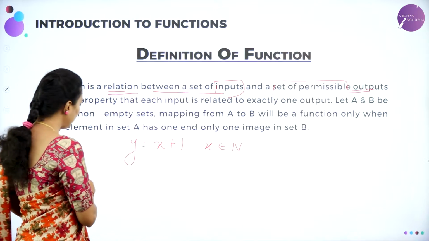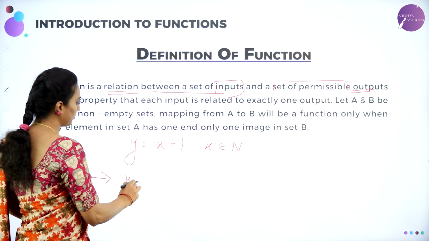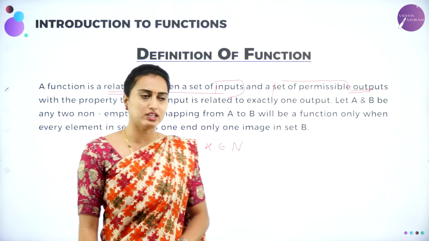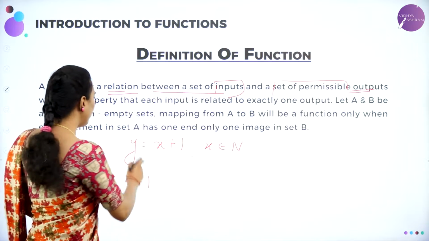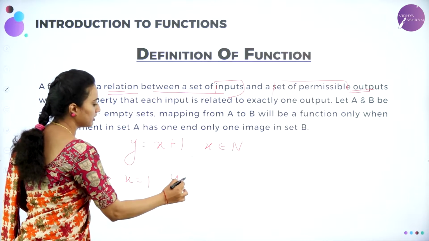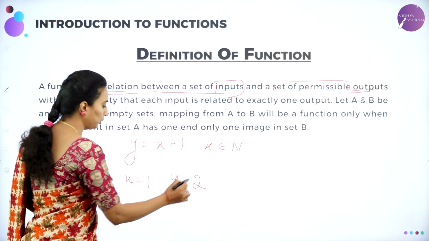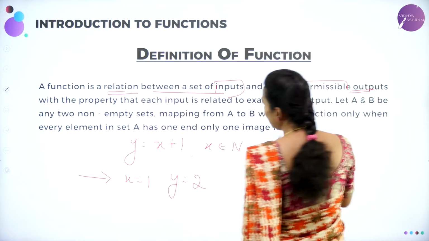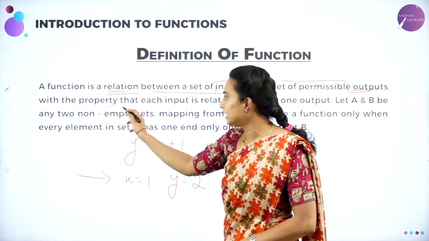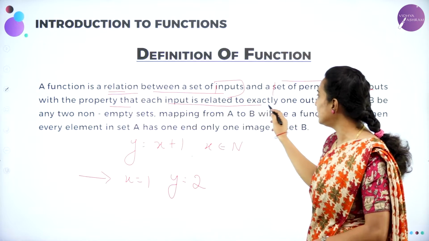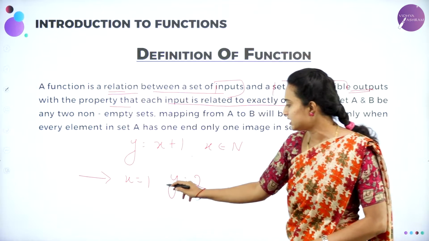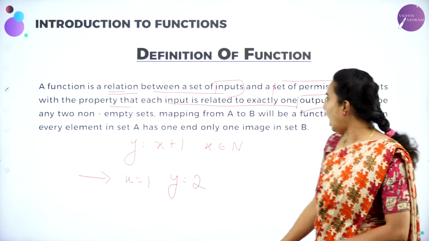So I give the input as x is equal to 1 because natural numbers start from 1. Natural number is nothing but N. So you get the output as y is equal to 1 plus 1, which is 2. So this is an input and this is an output. That's the permissible output, with the property that each input is related to exactly one output.